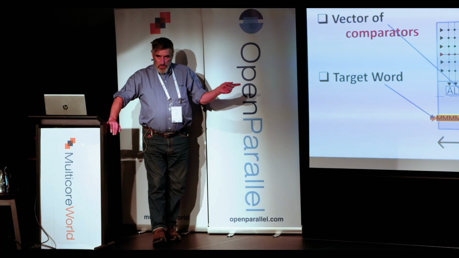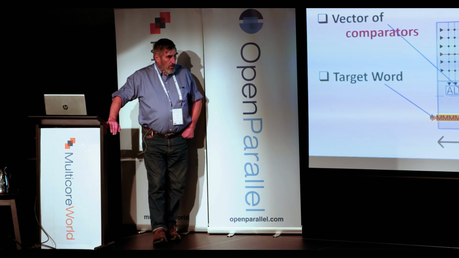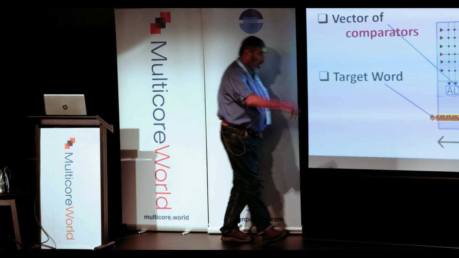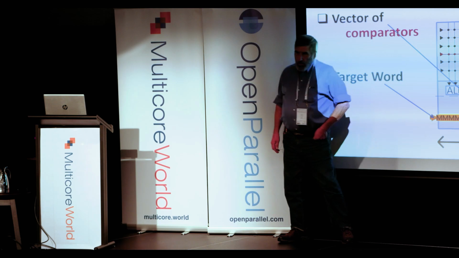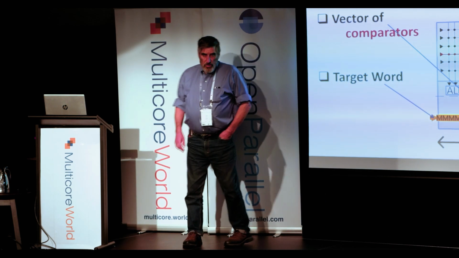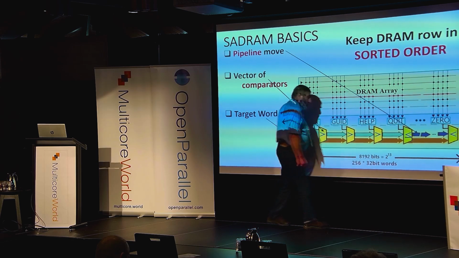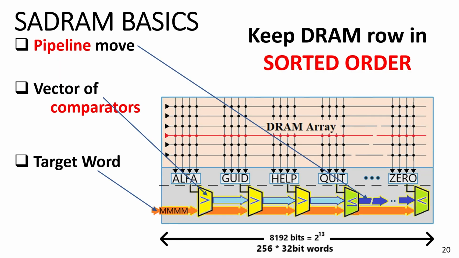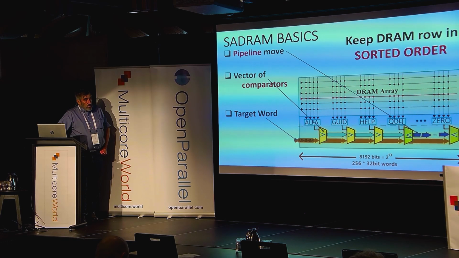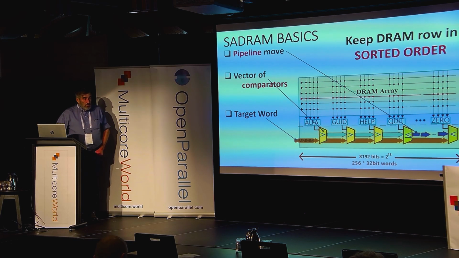You're either processing a string, marching along that DRAM row, or processing elements of an array, marching along that DRAM row, or loading a structure, which again spreads across this piece of the DRAM row. You can do a lot in 8192. So that's a good size, and that's a good place for SADRAM to inject its technology.